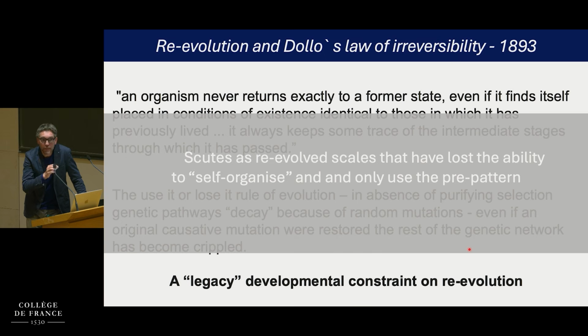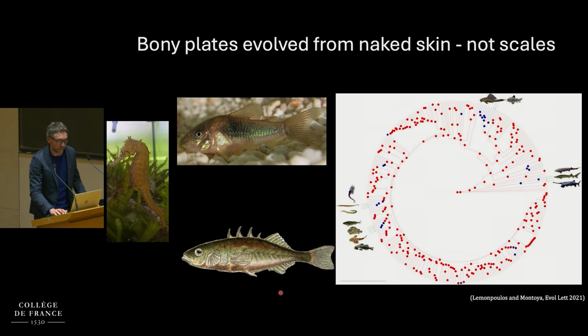But when the mineralization program in the skin became reactivated, the downstream self-organizing network was absent. And instead of following a self-organizing pattern, those scutes only rely on the use of a somatic pre-pattern. So the evolution of scutes is highly influenced by a legacy developmental constraint on re-evolution.